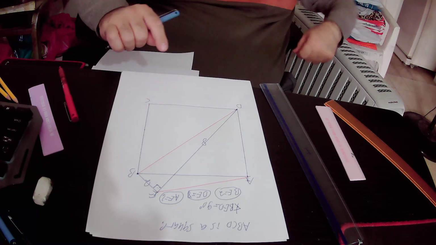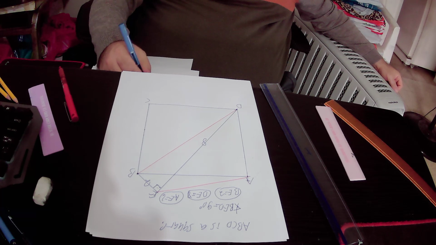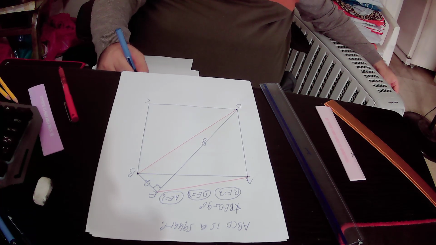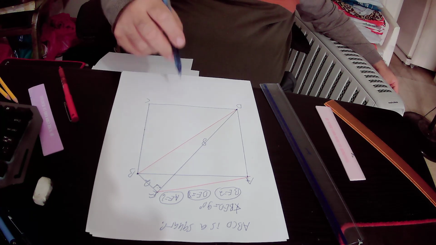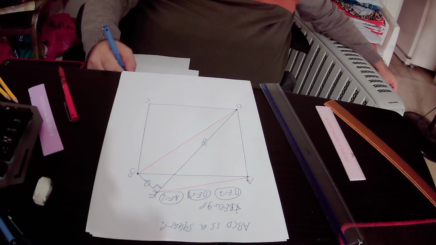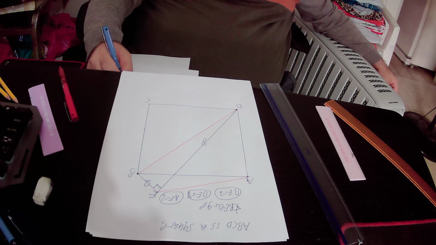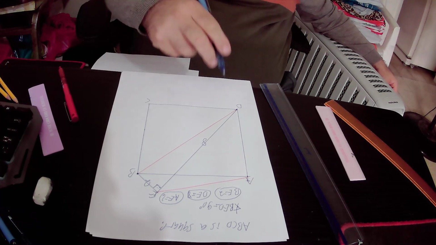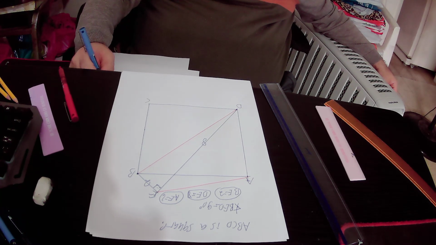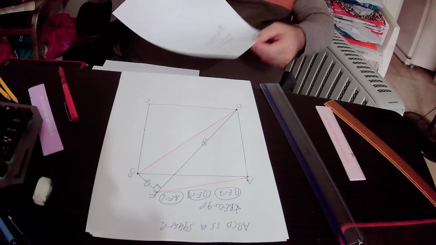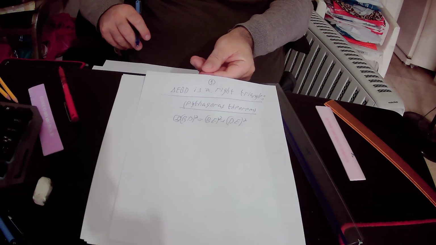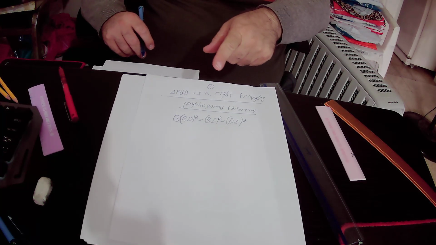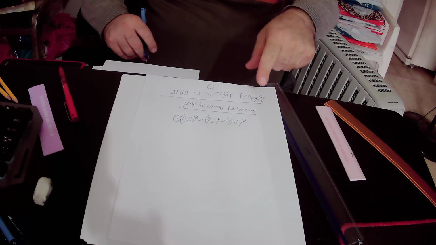So the square of the hypotenuse, BD square, will be equal to BE square plus DE square. So according to the Pythagoras theorem, in the right triangle EBD, BD square equals BE square plus DE square.